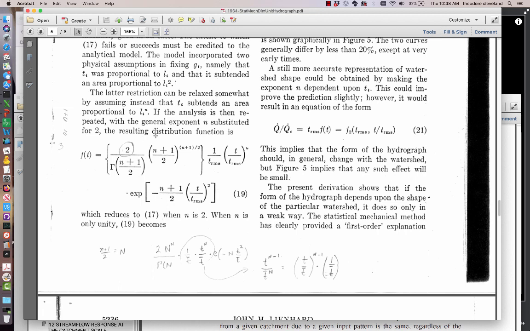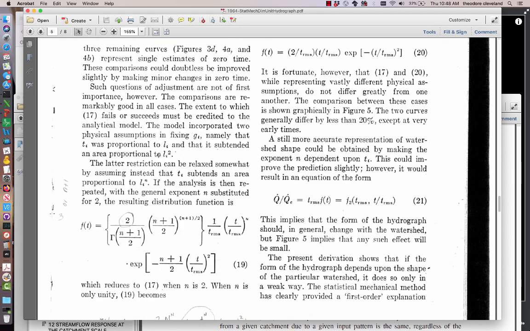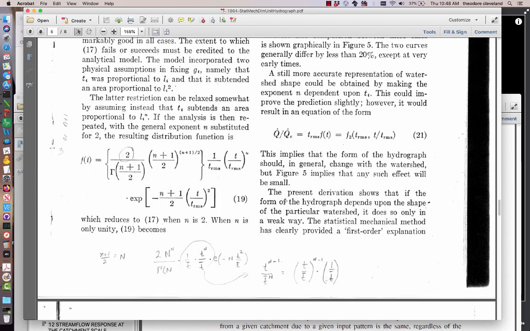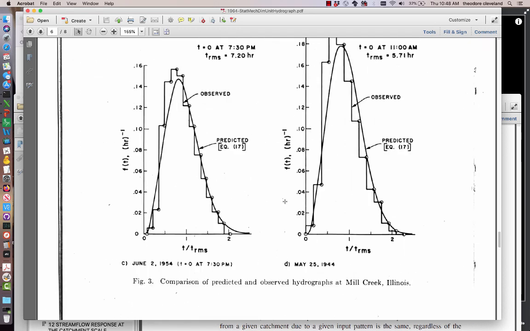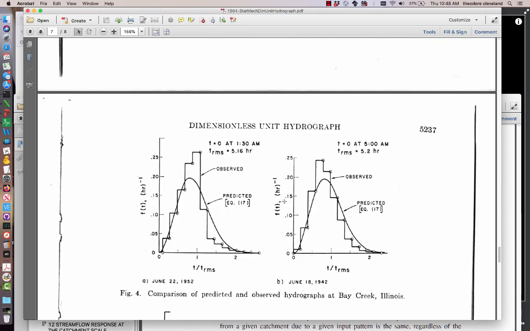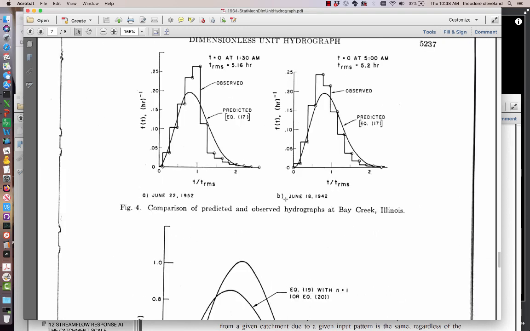So when we get to the end, his distribution function looks like equation 19 of his paper, and we can convert that into a more conventional hydrograph functional form, where usually it's a discharge over some peak value. And if we go back to our distributional theory, that peak value is at the measure of central tendency.